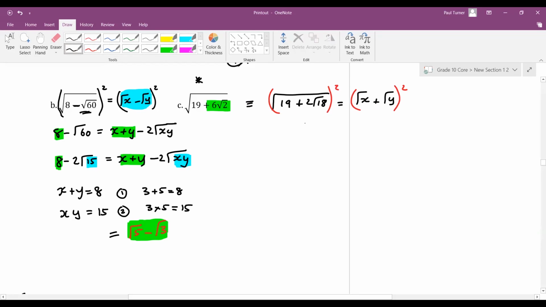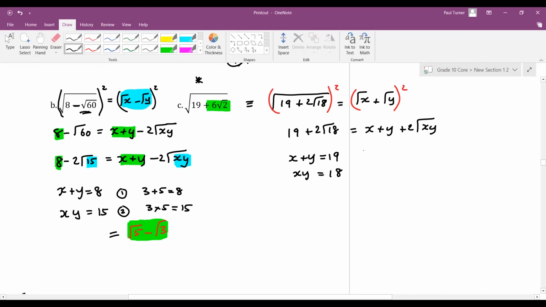And then we will get 19 plus 2 root 18 equals, if we expand that, x plus y plus 2 root xy. If this is minus, this sign here will be minus near the 2. And as I said, just expand it the long way if you don't remember that. So that means x plus y is 19 and xy is 18.